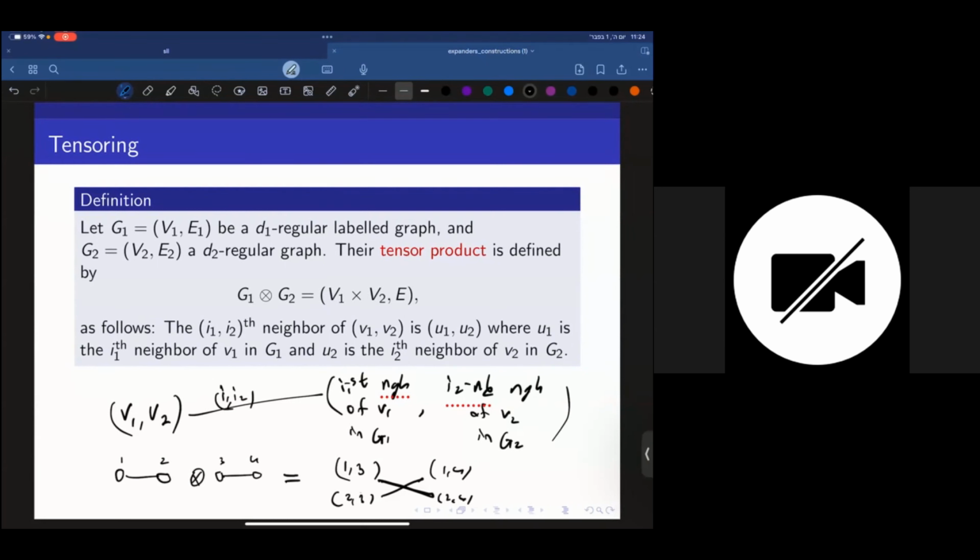But what's obvious is that this is a D1 times D2 degree regular graph, because for every neighbor of V1, I1 is an element of the set [D1], and I2 is an element of the set [D2]. So the power of tensor is just an addition of the, we'll see.